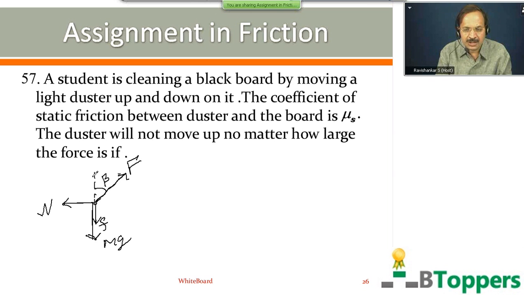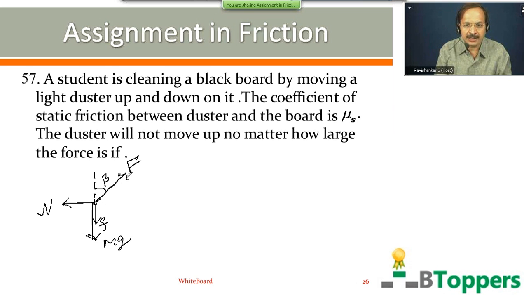So when the duster begins to move up or is about to move up along the surface of the blackboard, the force of friction on the duster by the surface of the board acts downwards, opposing the motion of the duster in the upward direction. So when the duster tends to move up, the force of friction on the duster by the surface of the board acts vertically downwards.